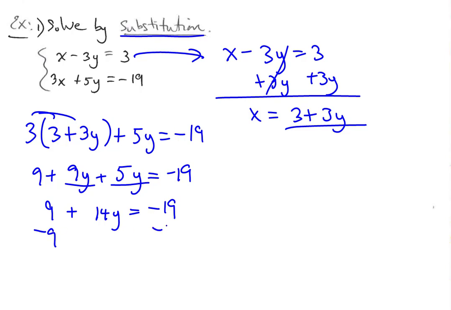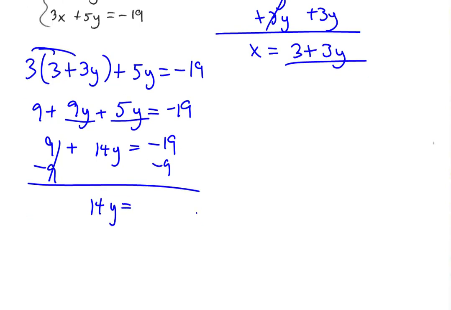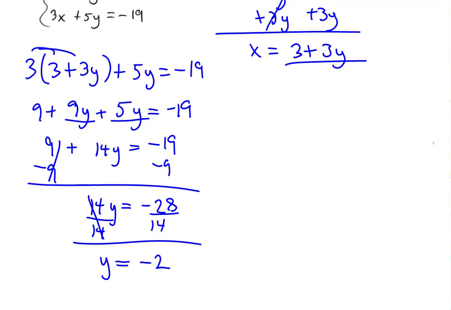Then we'll go ahead and subtract 9 from both sides, which will give us 14y equals, and then on the right side we have negative 19 minus 9, that'll be a negative 28. Then we can divide by 14 on both sides to get the y alone, and we'll end up with y equals negative 2.